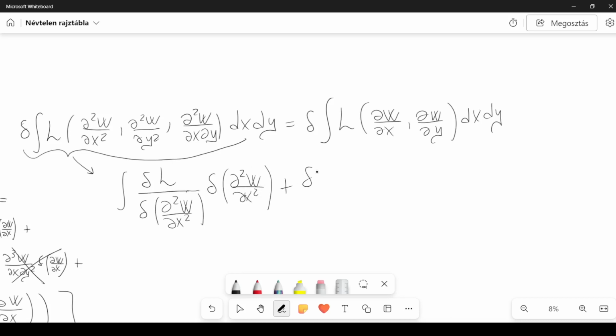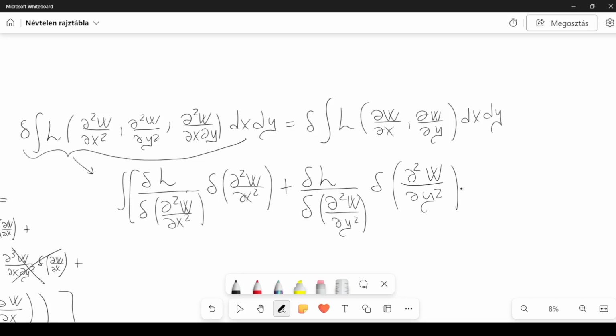Then you have the change in the Lagrangian with respect to, so let me try to use the proper symbols, δ ∂²w/∂y². And then you have the change in δ, sorry, ∂²w/∂y².